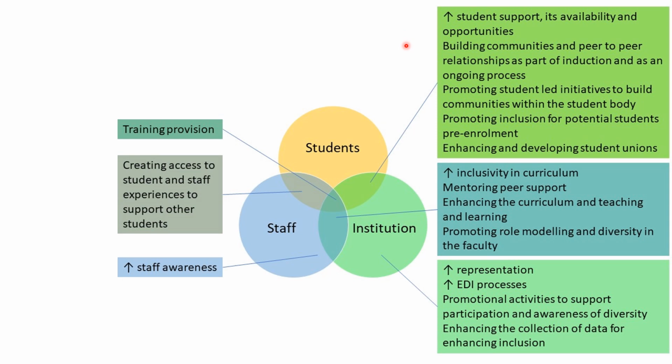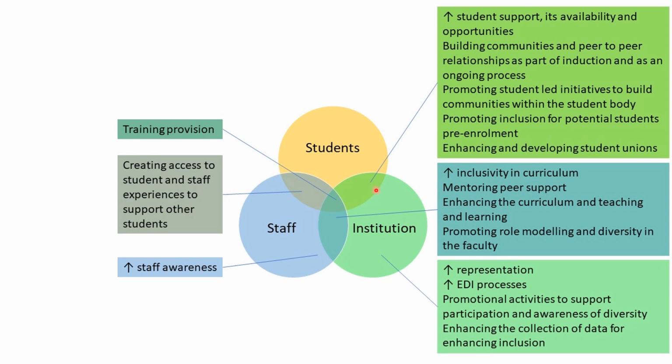Regarding students, on the top right hand side, supporting students, increasing the student support was important. Building communities and peer-to-peer relationships was important for students from underrepresented groups. Promoting student-led initiatives, promoting inclusion for potential students pre-enrollment, and enhancing and developing student unions.